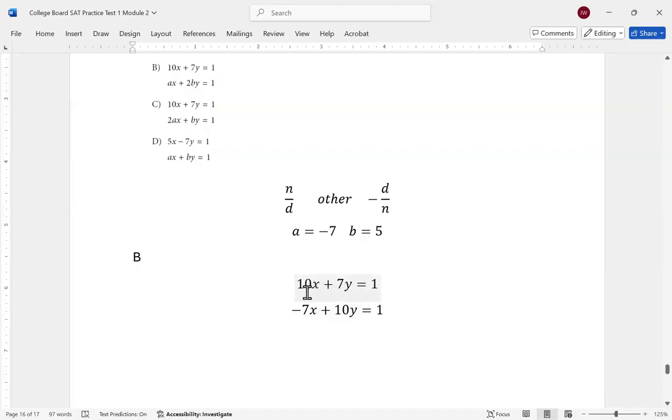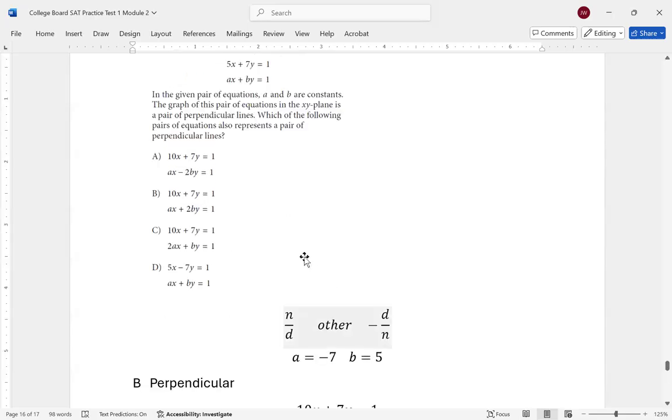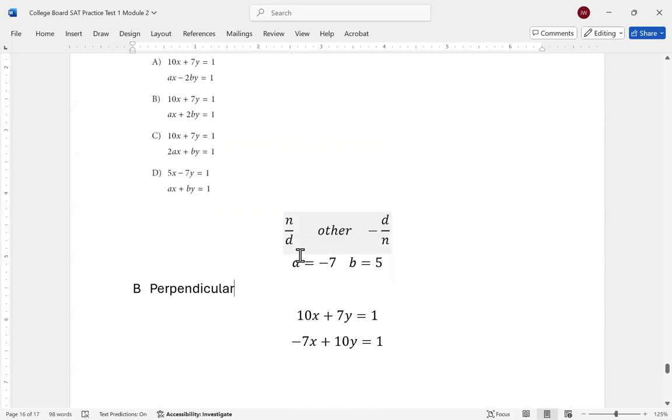Notice that these two are the same. We've switched the x and y's, and we've made one a negative. So B, in fact, does represent perpendicular lines. Okay, so B represents perpendicular lines, and that's all we're asked to find.